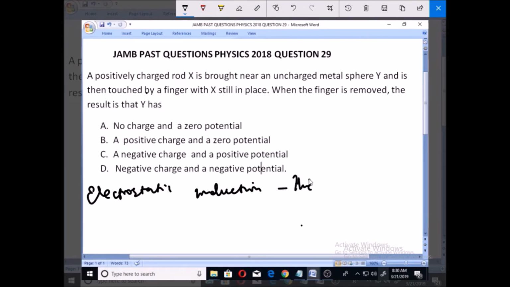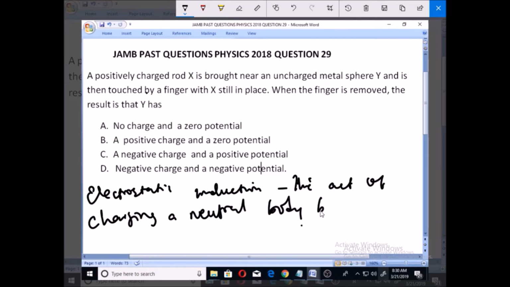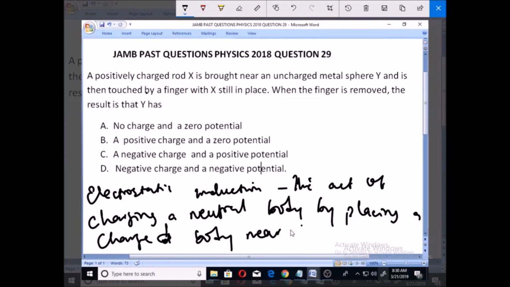Electrostatic induction is the act of charging a neutral body by placing a charged body near it.